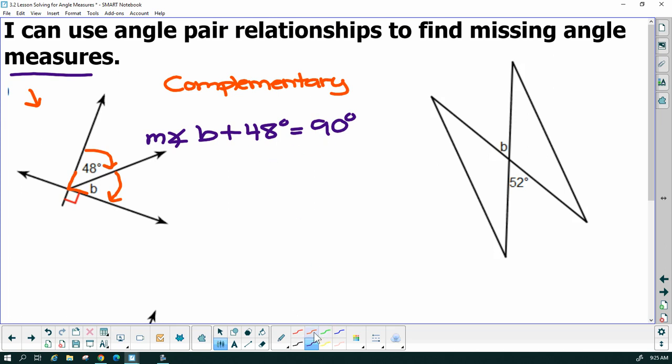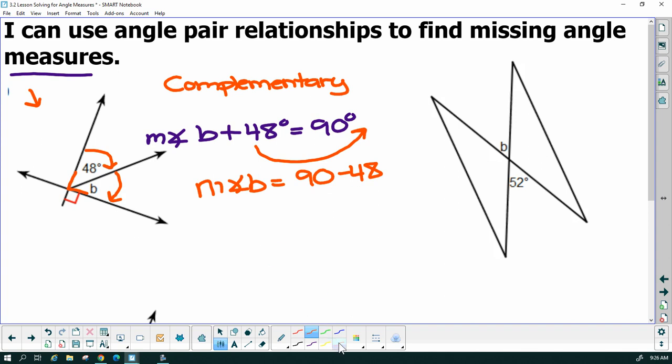And so now I can solve this like an equation. The way I solve equations, I'm going to move my 48 over here. Whenever you switch the side of the equal sign, you have to switch its sign. So this 48 was a plus, and so I'm going to make it a minus. And so I'm going to end up with the measure of angle B equals 90 minus 48.